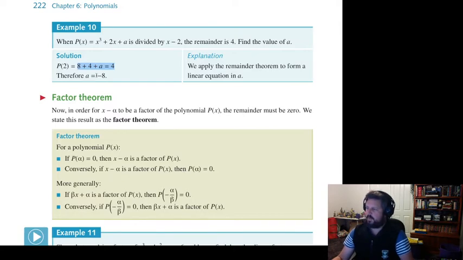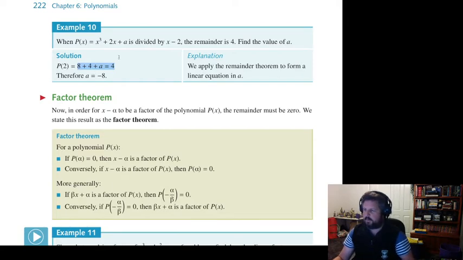Cool. Now, just when you thought it couldn't get any more exciting, it does. We're now going to look at the factor theorem. If we dial it back and think about what factors are, they're things that when you divide them in, there's no remainder. It fits in perfectly, so the remainder is 0.